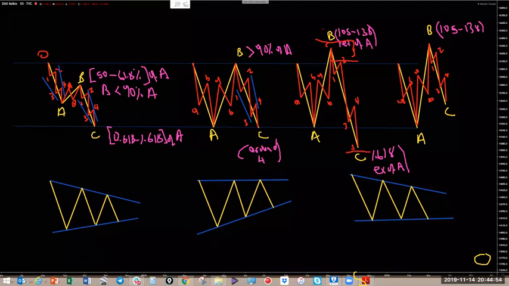Wave A never goes beyond the origin of X. So wave A, if this is the start of your swing, this wave A obviously should never go to the start of this swing. That is obvious. Let's label all of this.